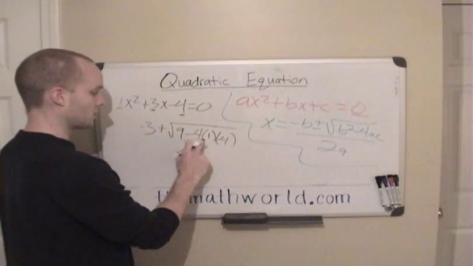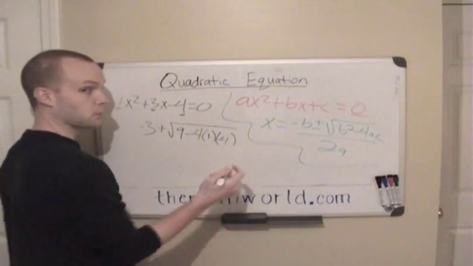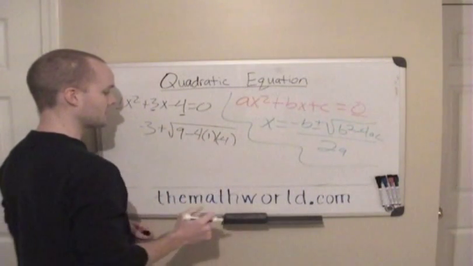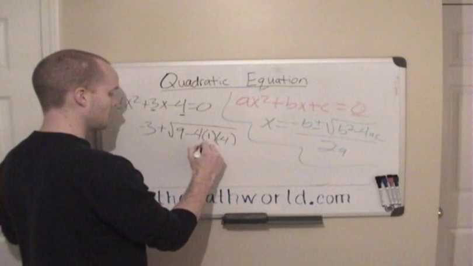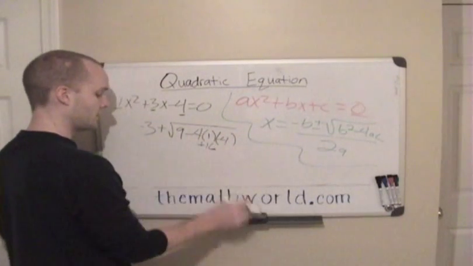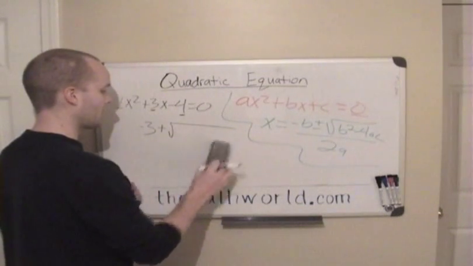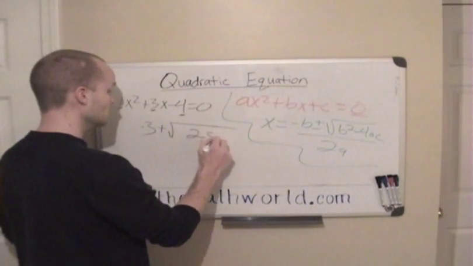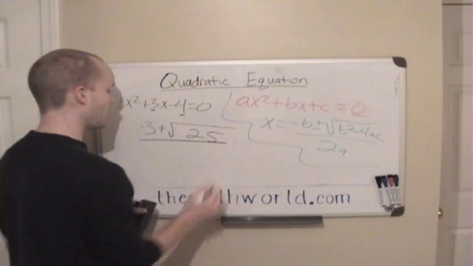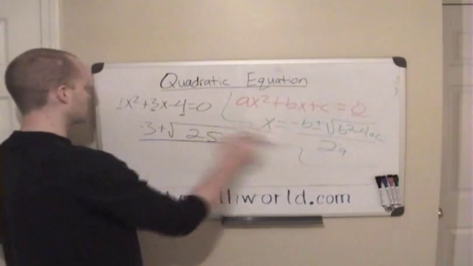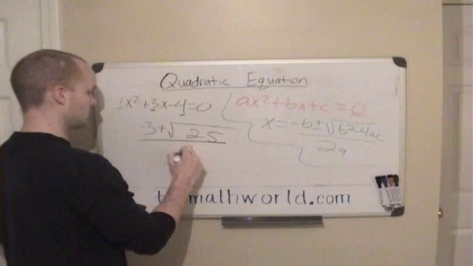So minus 4 times minus 4 is plus 16. Negative times negative is a positive. So 9 plus 16, this is going to be the square root of 25, divided by 2a. So 2 times 1 is 2.